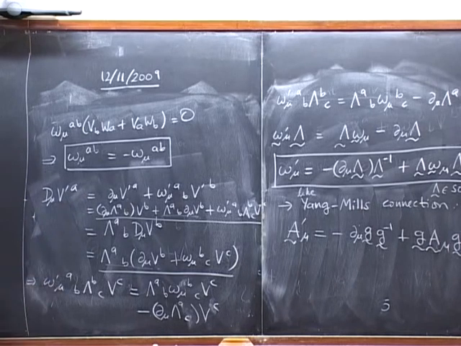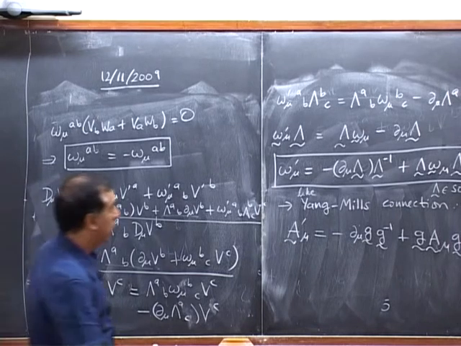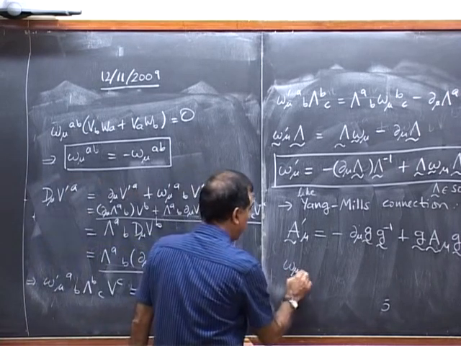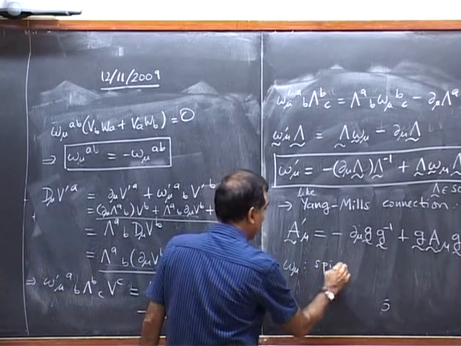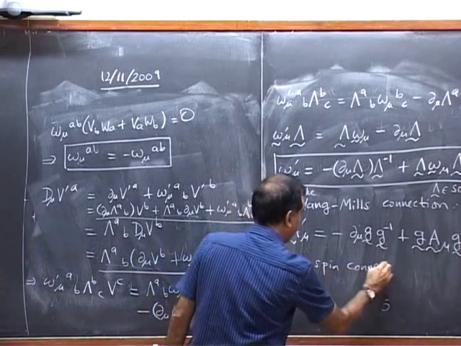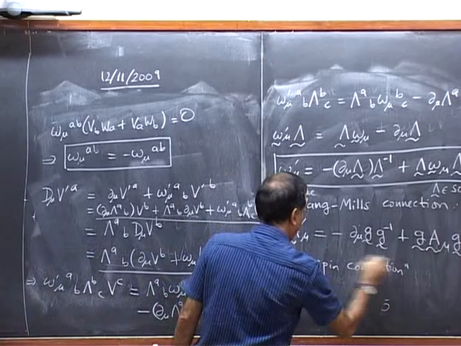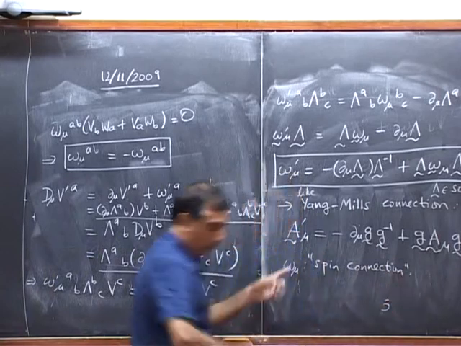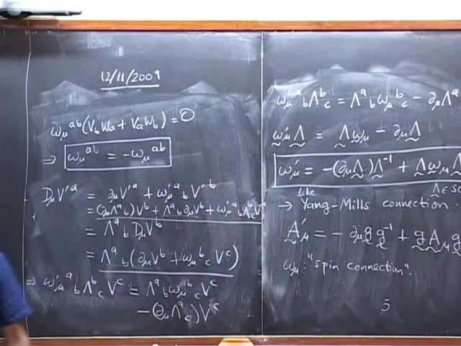Everything is a generalized connection on a tangent space, actually on a particular bundle, and omega is called the spin connection. The reason for the word spin is also interesting. The orthogonal groups are sometimes known as spin groups. There is some subtlety which allows us to call them spin groups.